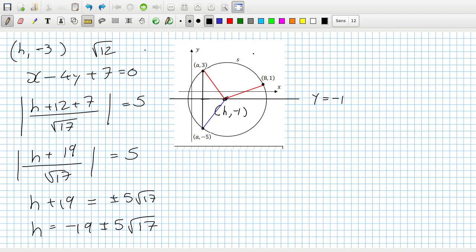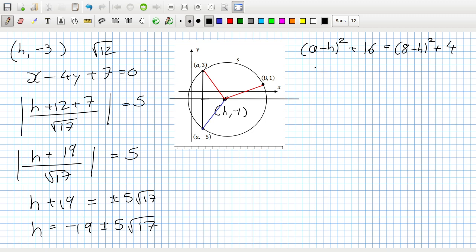So using the distance formula now, a minus h squared plus 3 minus 1 squared, that's 4 squared, that's 16. A minus h squared plus, and then between this one equals 8 minus h squared plus 1 minus 1, that's 4.